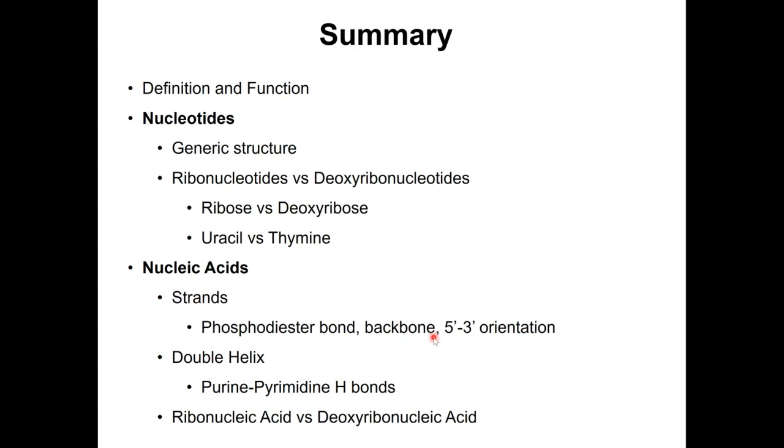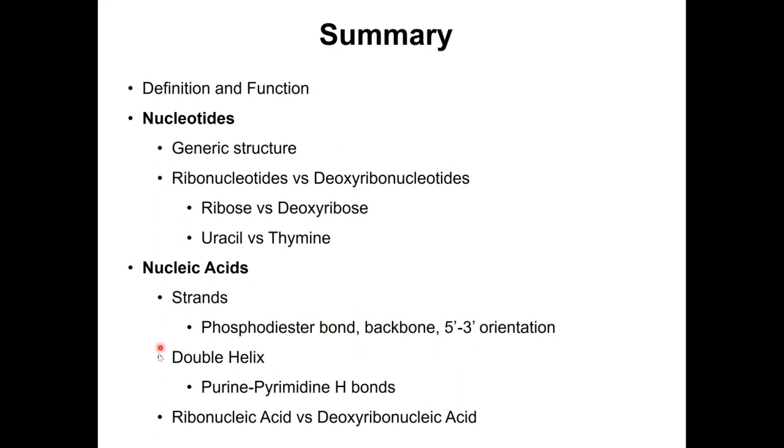This leads to the formation of, and we discussed what a backbone is, the sequence of phosphate, pentose, phosphate, pentose, and defines also a specific orientation, which is referred to as 5' to 3', with the naming coming from the last carbon in the pentose that you can find at one end or the other, with the 5' end having a phosphate group attached to the carbon 5' of the pentose, and the 3' end having a hydroxy group attached to the carbon 3' of the pentose.